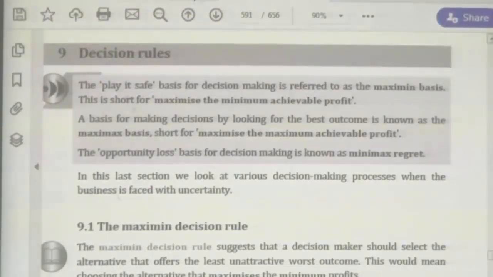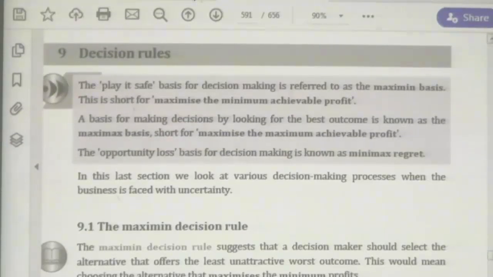In the world, when we are making decisions, some decisions can be taken by assigning probabilities, while some decisions cannot be taken by assigning probabilities.